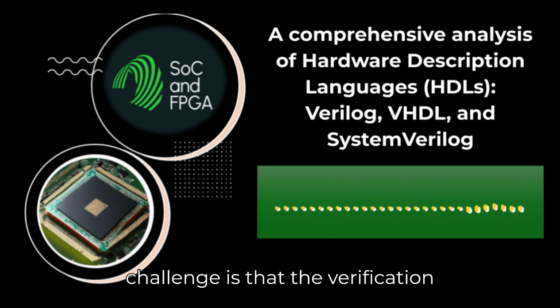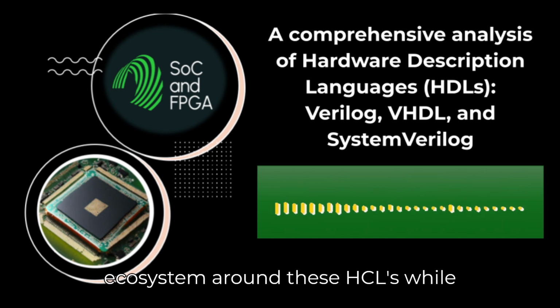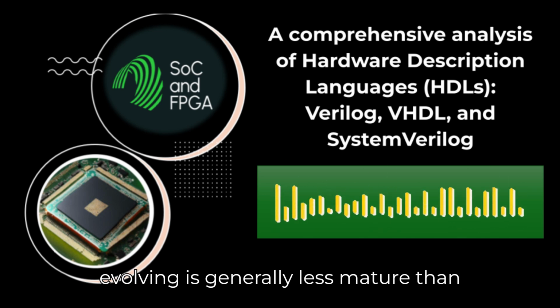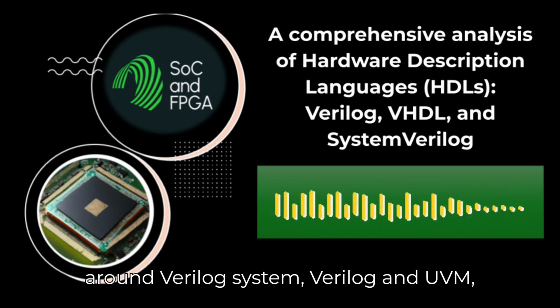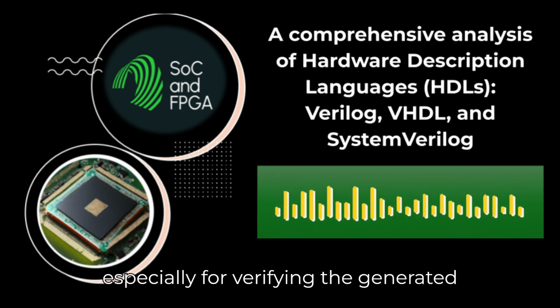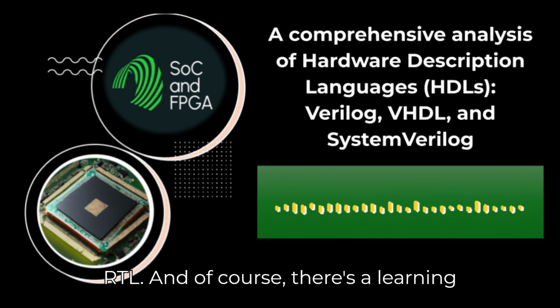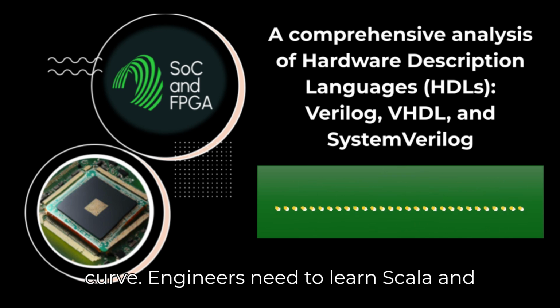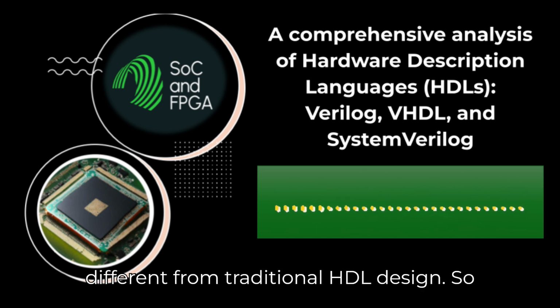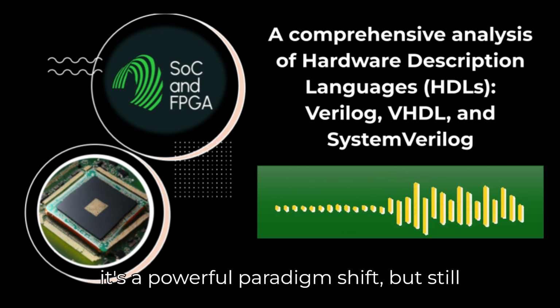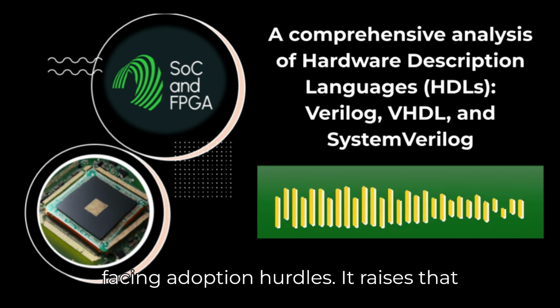Another challenge is that the verification ecosystem around these HCLs, while evolving, is generally less mature than the massive infrastructure built up around Verilog, SystemVerilog, and UVM, especially for verifying the generated RTL. And, of course, there's a learning curve. Engineers need to learn Scala and the specific HCL framework, which is different from traditional HDL design. So it's a powerful paradigm shift, but still facing adoption hurdles.